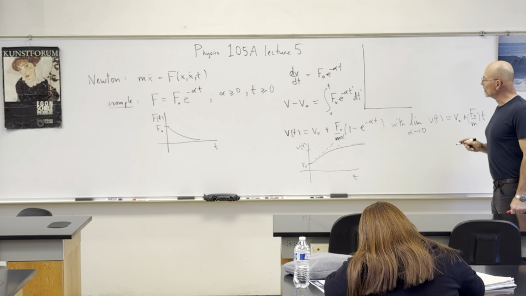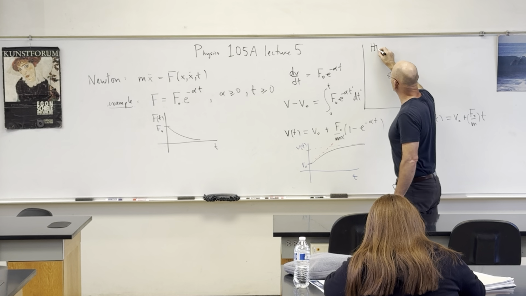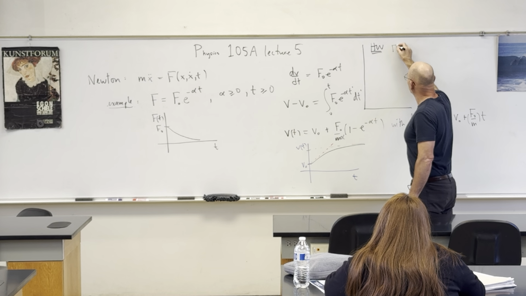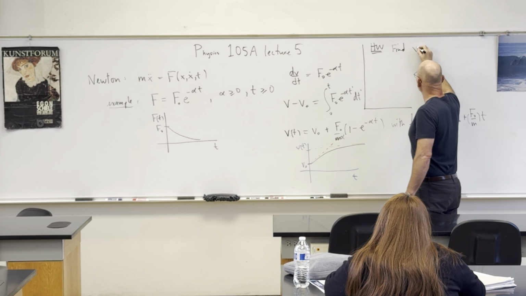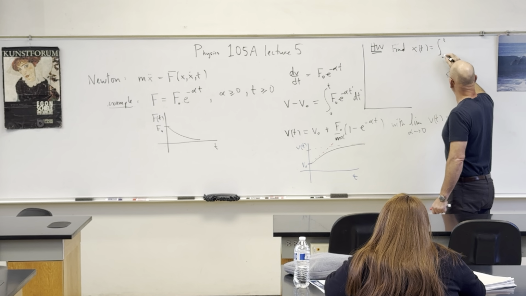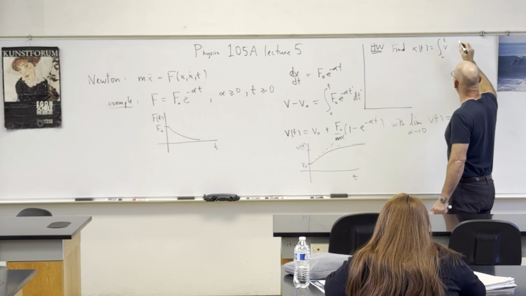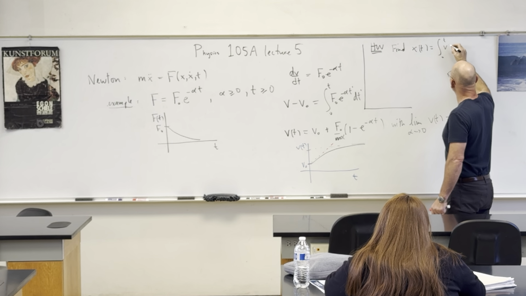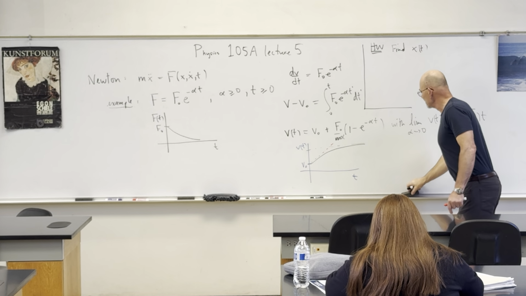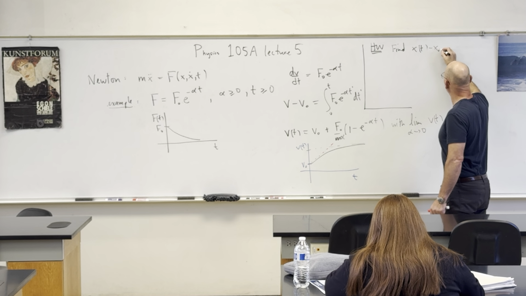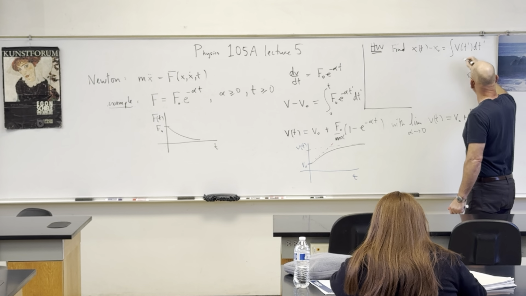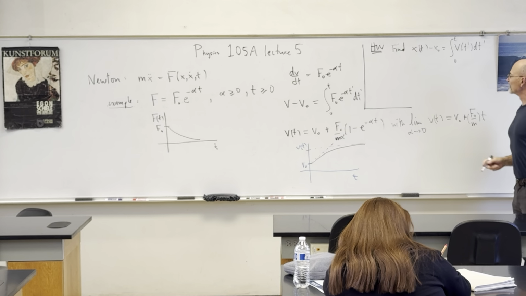So what we want to do, and I'm just repeating what's in your notes right now, maybe adding a little detail, is find, by integration, x of t. In fact, x minus x naught will be this integral of v of t prime dt prime from 0 to t, where the prime just means it's an integration variable.